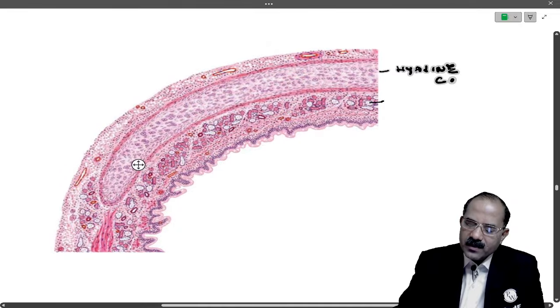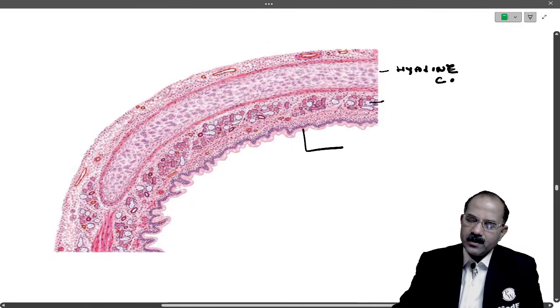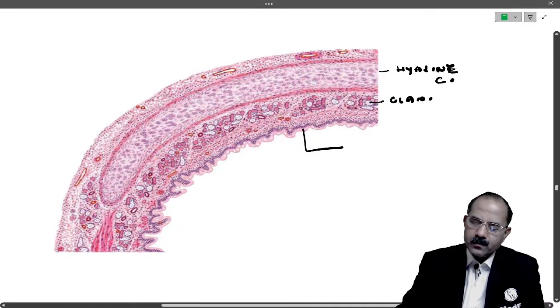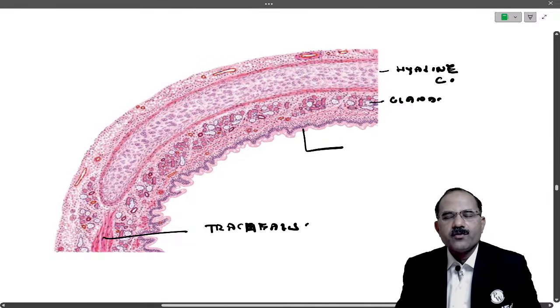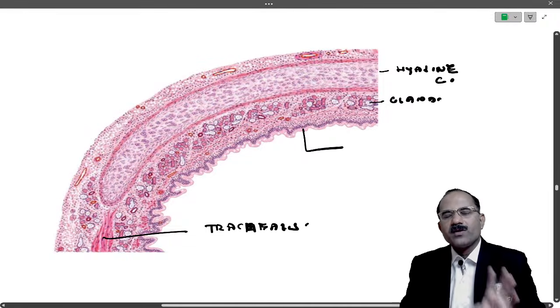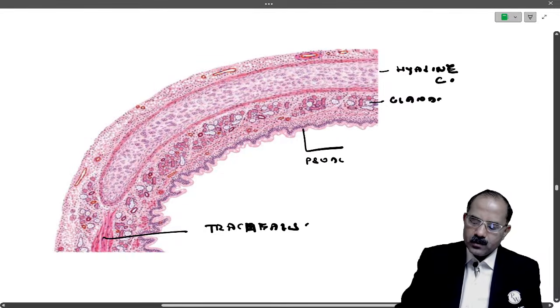These are the glands here. And what is this? Epithelium. And you can find a muscle here, trachealis. What is respiratory epithelium?